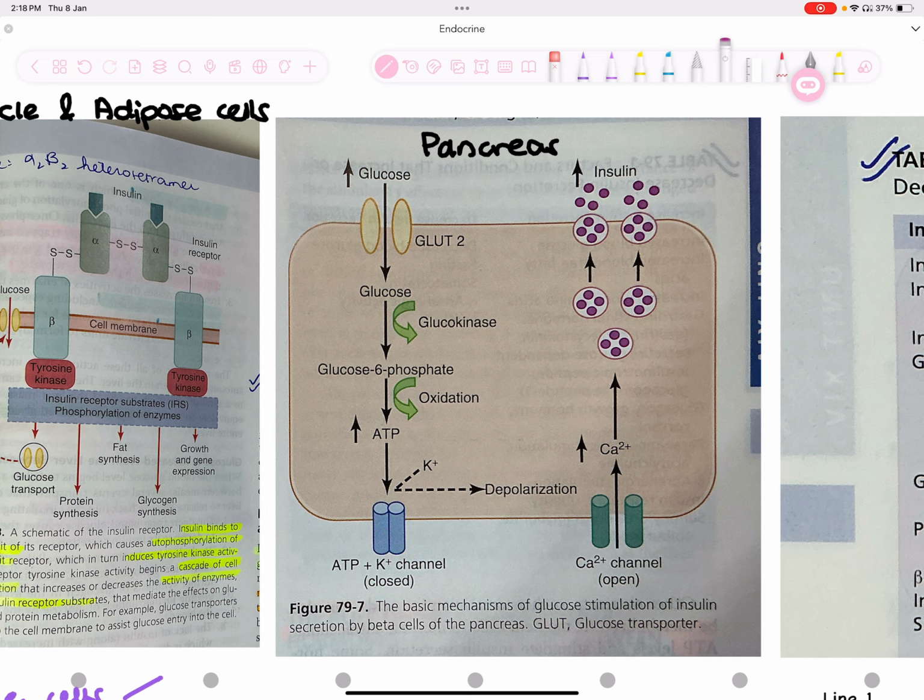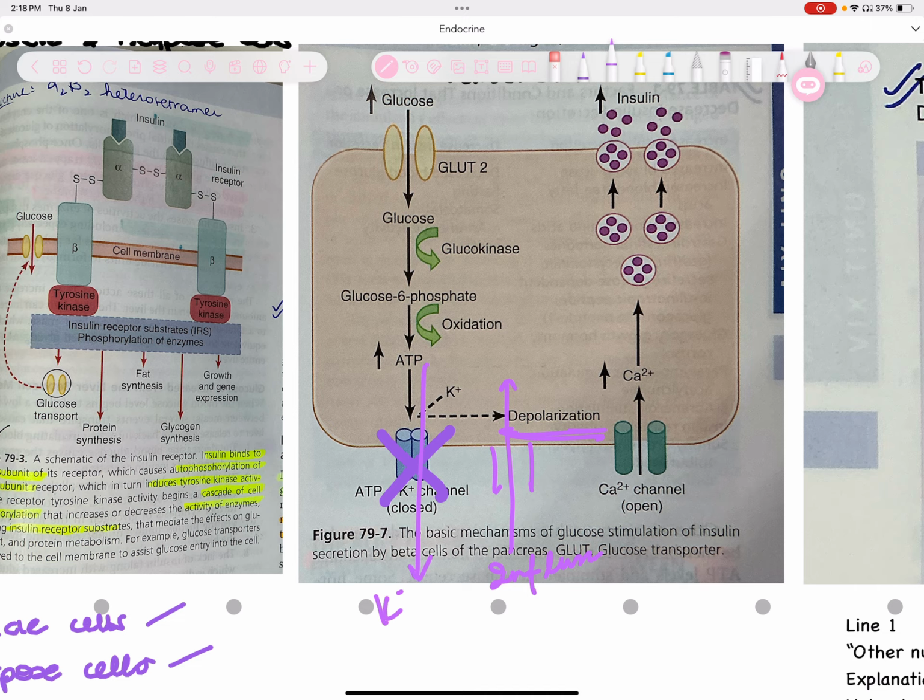The answer is very simple: because of influx of sodium through sodium channels, you will get depolarization, and because of efflux of potassium, you get repolarization. But imagine if the potassium channels are closed, there won't be efflux and there won't be repolarization, so you'll just have depolarization. And along with the closure of these potassium channels, there will be opening of the calcium channels, and calcium goes in.